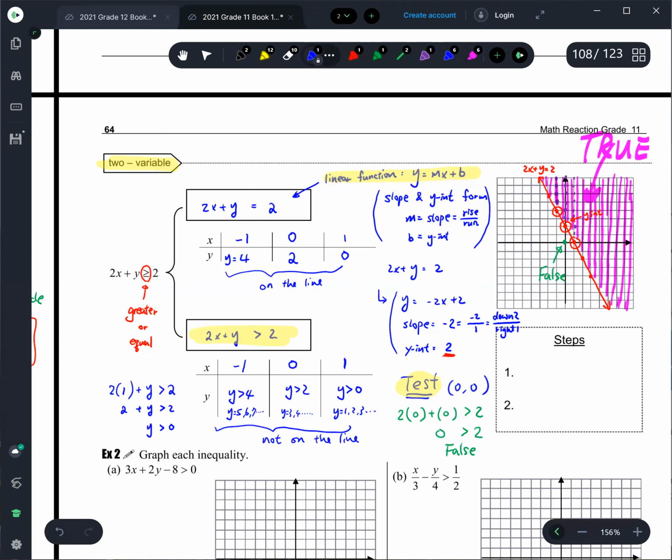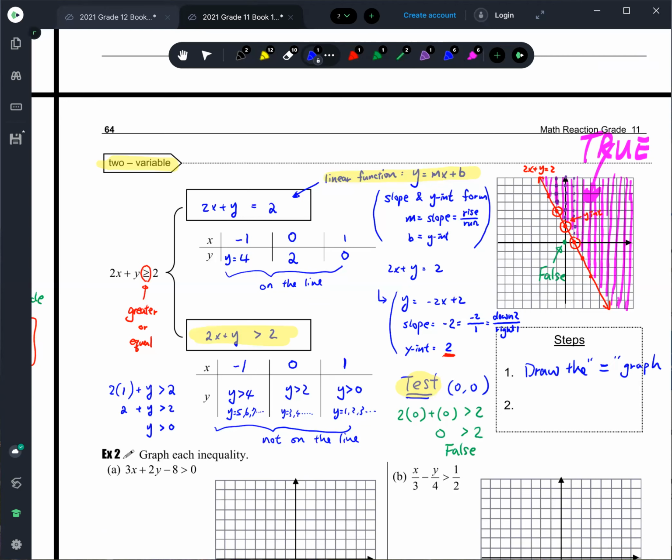Okay, well, write down the summary first, okay? So step 1 is to draw the equal, right? The part that's equal graph, right? You pretend it's equal first and draw that, okay? Which is the 2x plus y equal to 2, okay? Draw the one that's on the line.